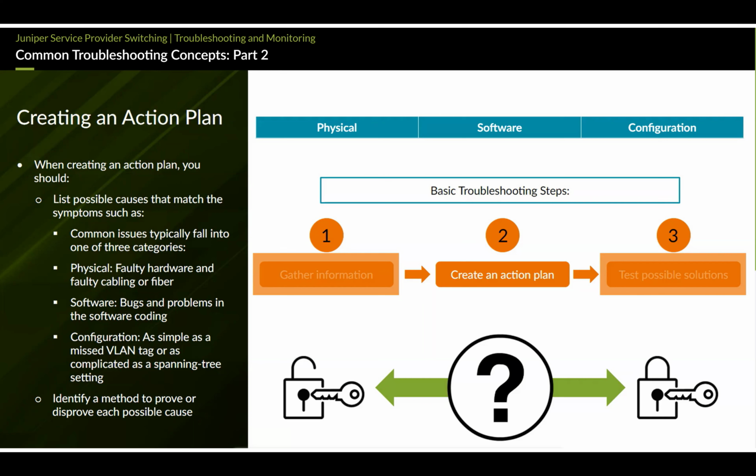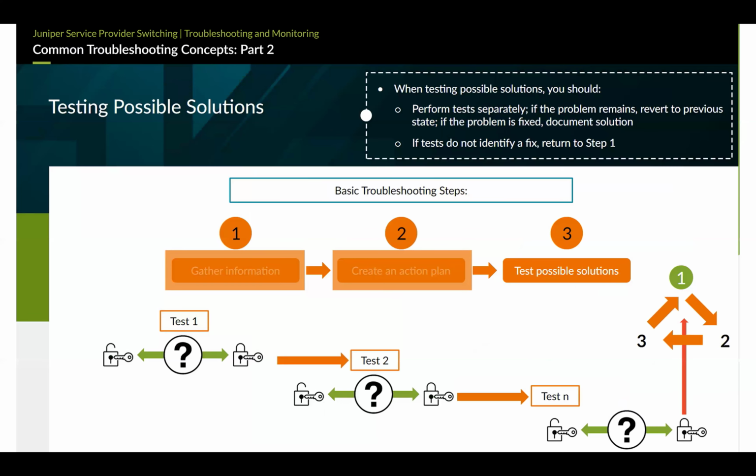If you think your software is okay, then check your configuration. If any misconfiguration happened, then fix the configuration. So it's an action plan. You have to make multiple tests to find the solution to different problems.